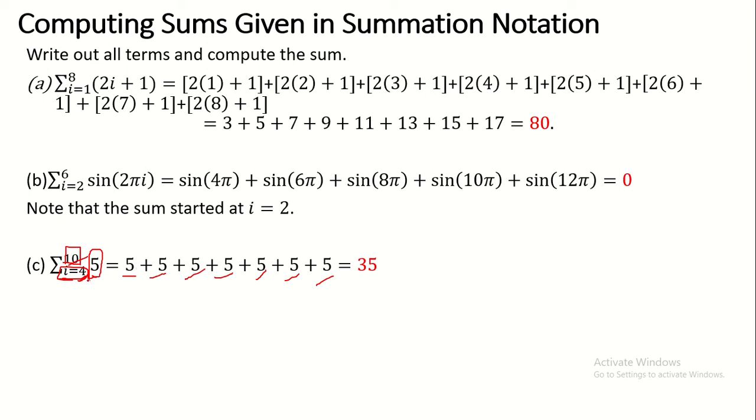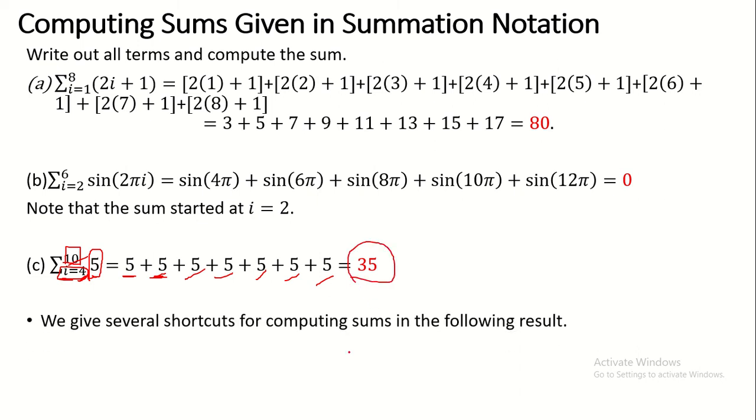So again, since we started with I is equal to 4 up to 10, we have 7 terms from 4 to 10. That's why you add 5 7 times by itself. So we have the summation of 5 from I is equal to 4 up to 10 is equal to 35.